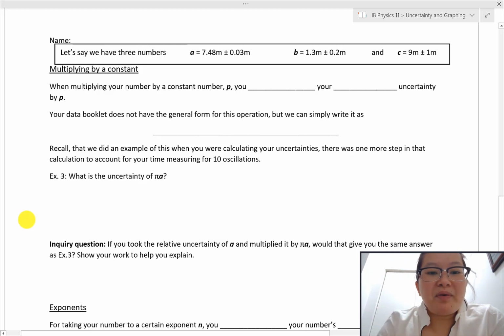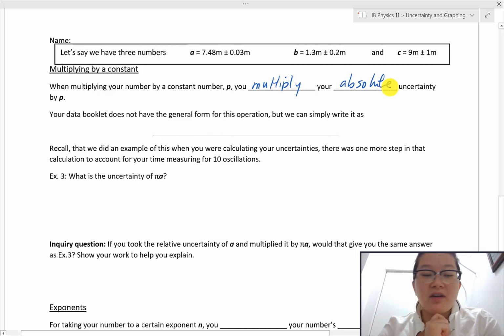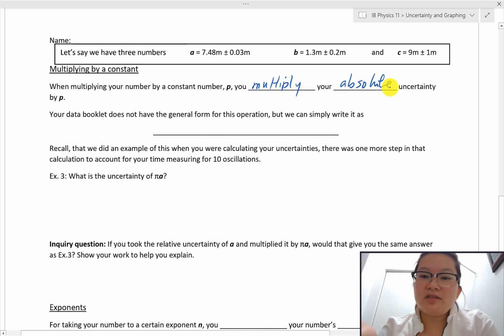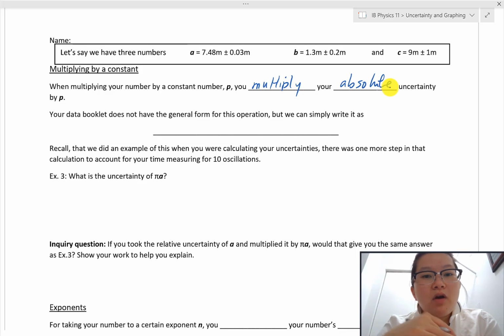When you multiply your number by a constant number p, and p is just any number, you will need to multiply your absolute uncertainty by p as well. That's very easy. You multiply by p, then you also have to multiply your absolute uncertainty by p. Same goes for dividing.